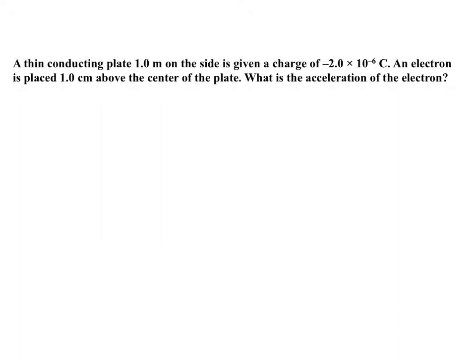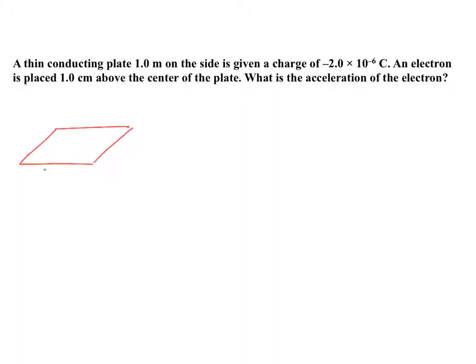So if the plate is charged negatively, then an electron will want to go away from the plate. So we know that much. The thing that you don't know, and this isn't in your book, but I want you to know it, is that there is the electric field. So we have a plate, just kind of draw one here.